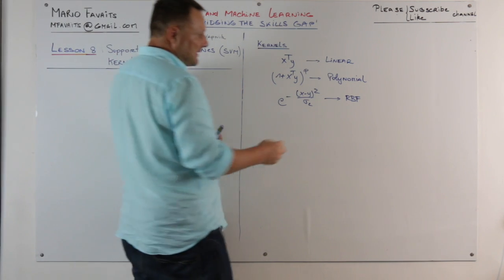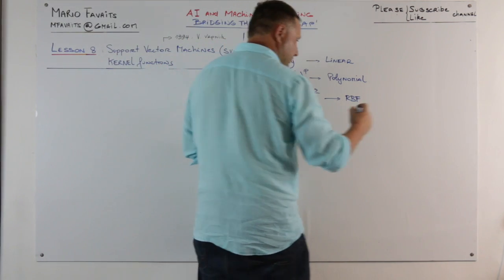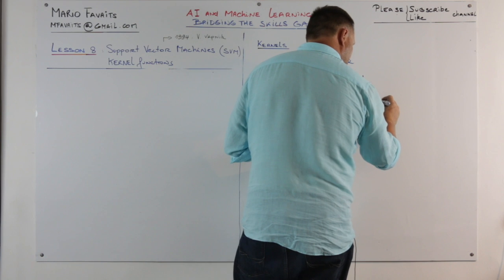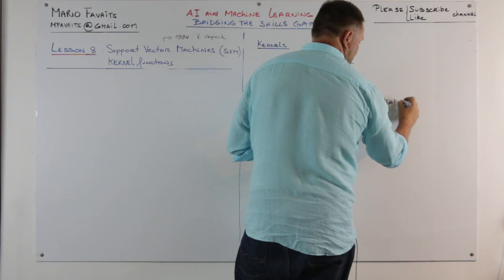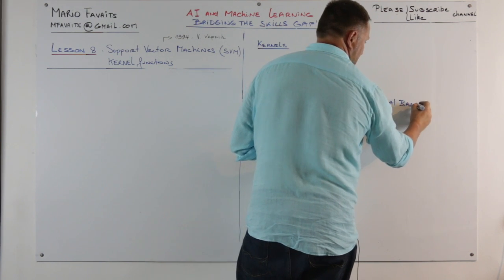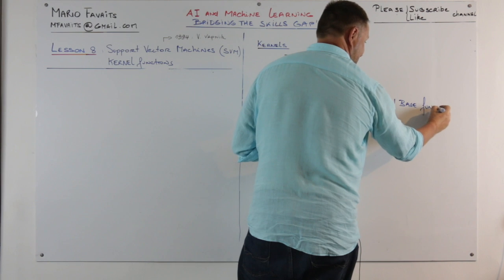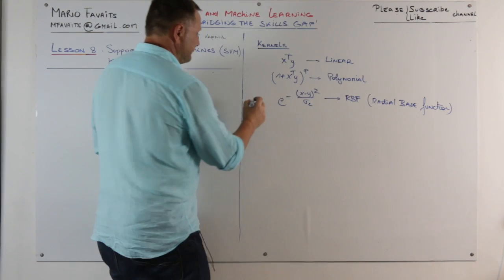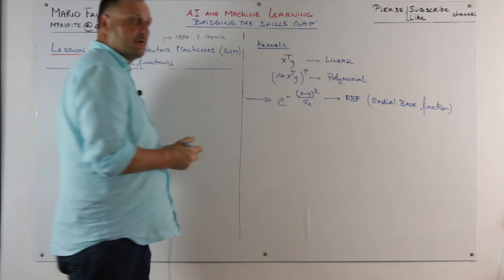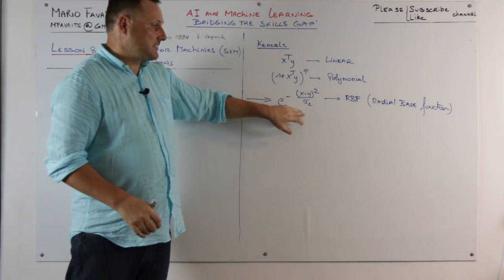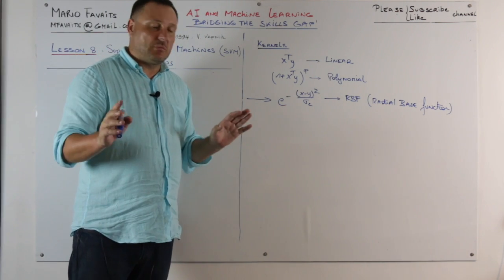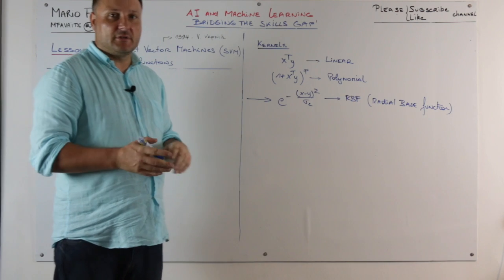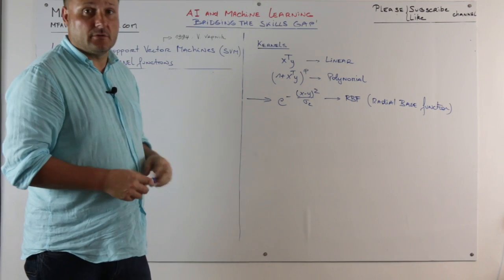This is called the radial basis function kernel. My advice is, for your coding exercises, just take this one. It works out of the box. Everything is linearly separable with this kernel.